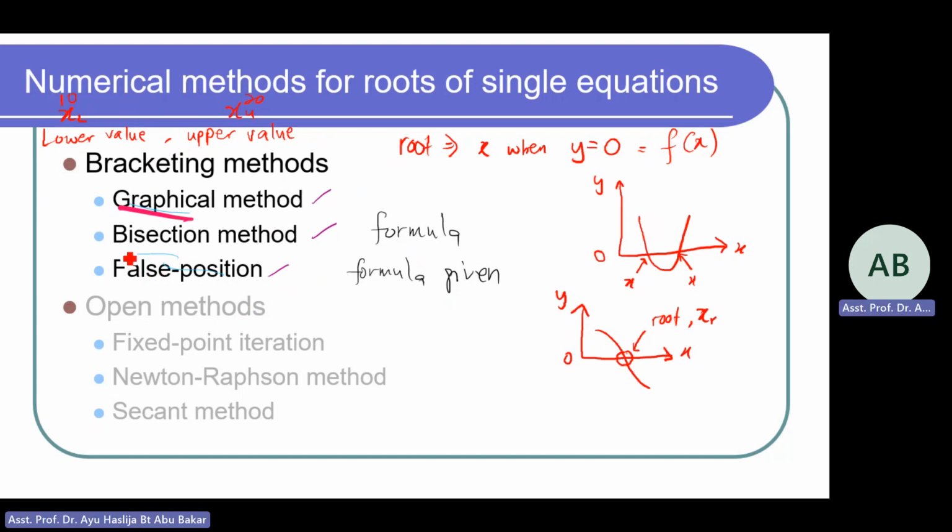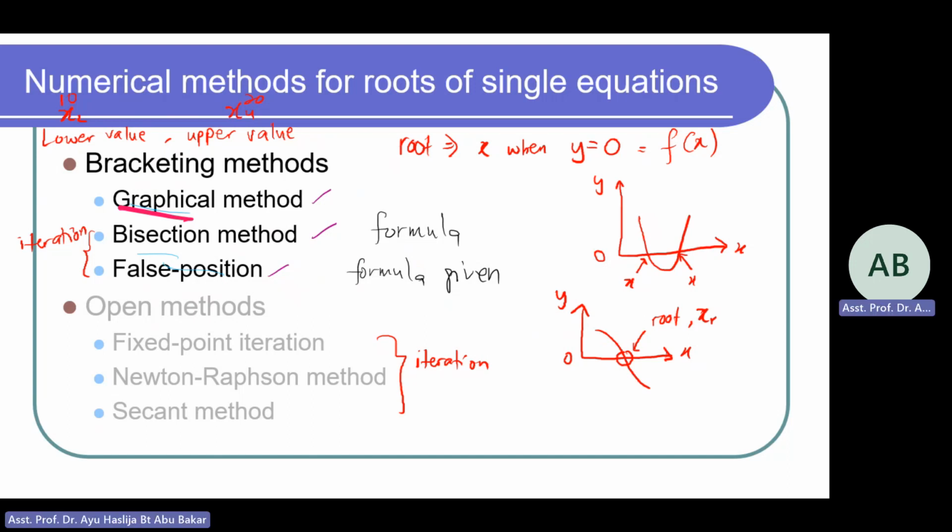Bisection involves cutting into halves. Later we will go into details. False position and bisection, both formulas will be given. Now, apart from bracketing methods, we have open methods. Open methods, all of these are iteration methods. Bisection and false position are also iteration. That means you will need to do iteration using the formula given until you get a specified value.